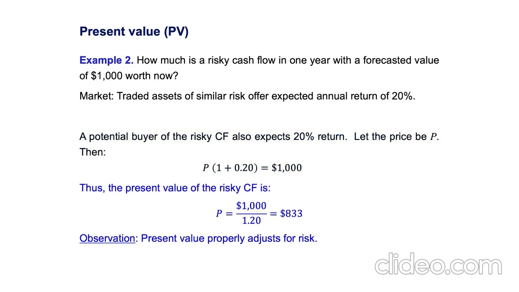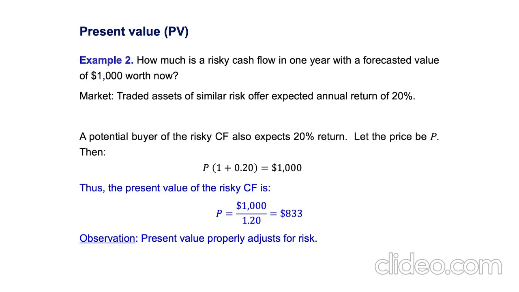The present value of this cash flow then is given by this simple discounted cash flow formula, namely $1,000 of expected cash flow discounted at the 20% rate of return, which is the market's expected rate of return for assets with this level of risk. If we finish the calculation, that gives the present value or the current market price for this cash flow of $833.